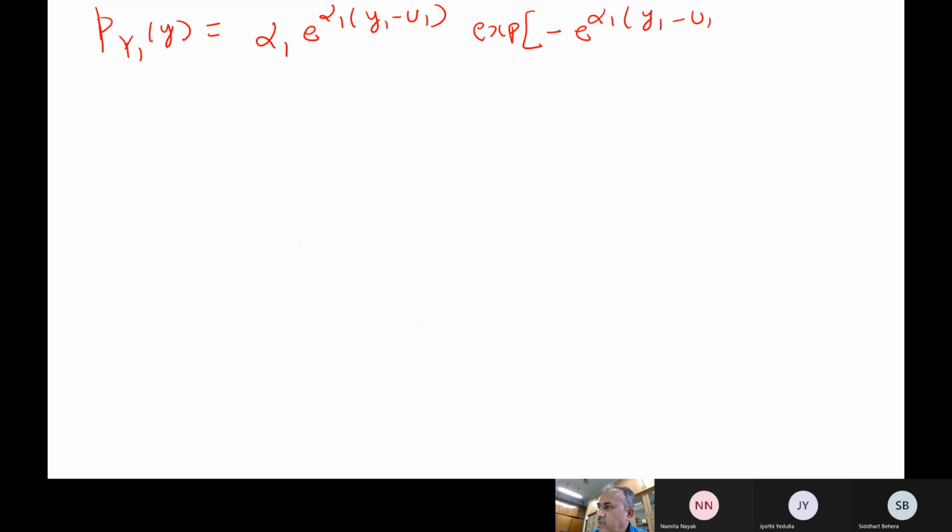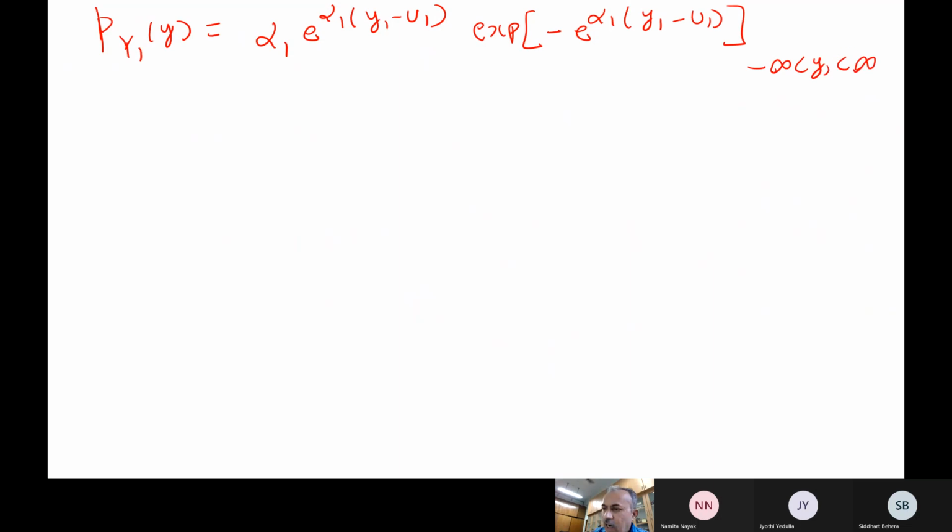This is its probability distribution. You can find its density by differentiating: alpha 1 e to the power of alpha 1 (y1 minus u1) exponential minus e to the power of alpha 1 (y1 minus u1), for minus infinity less than y1 less than infinity.